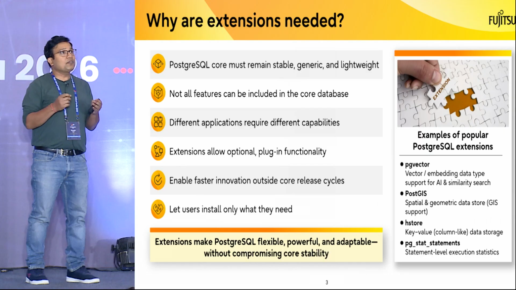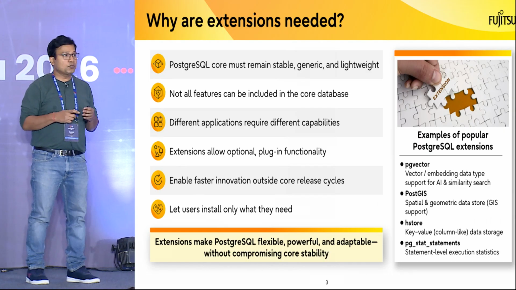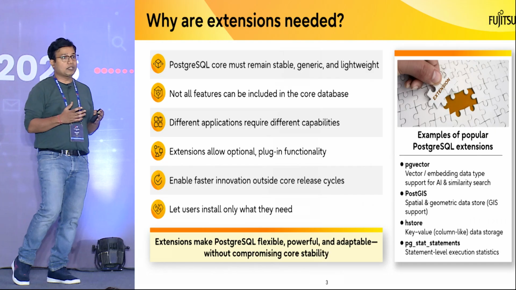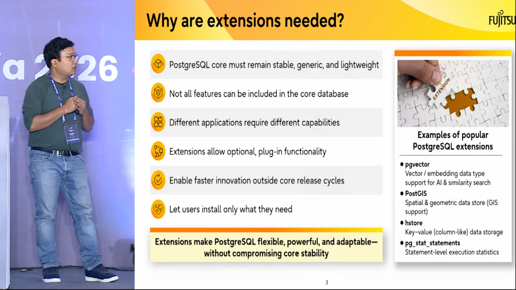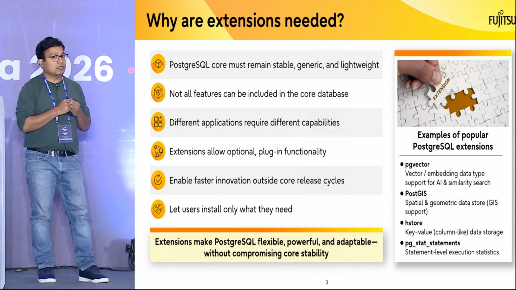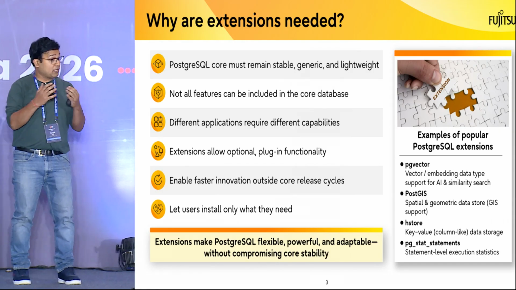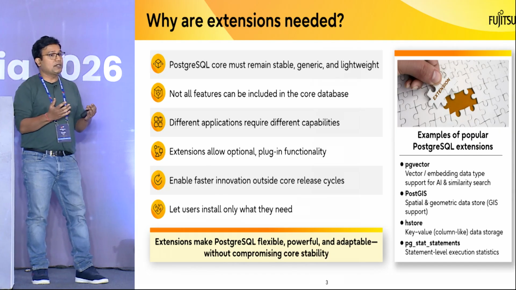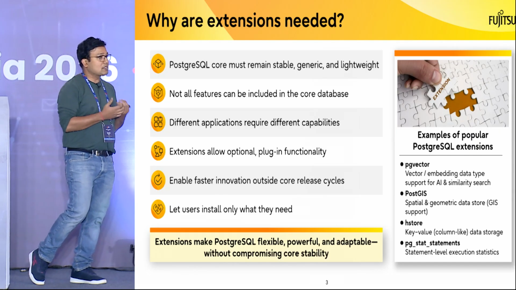I can give an example of how powerful extensions are. In today's AI era, pgvector is one of the important extensions developed on top of core Postgres. We also have PostGIS, and hstore for key-value storage. You have pg_stat_statements, mostly used for query-level statistics calculations.